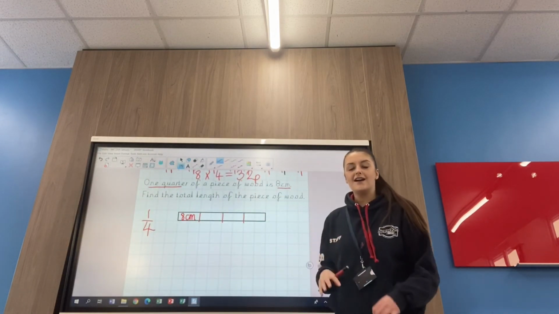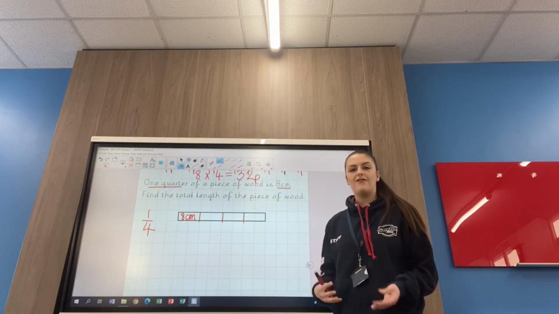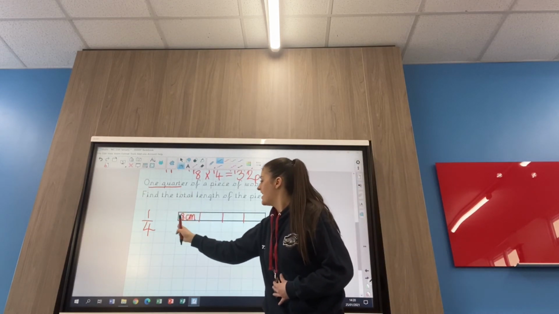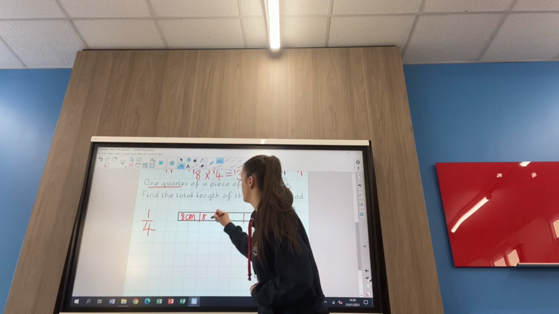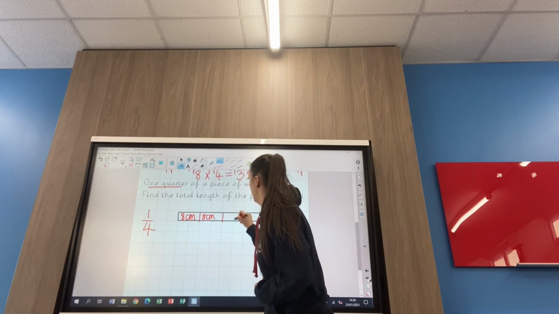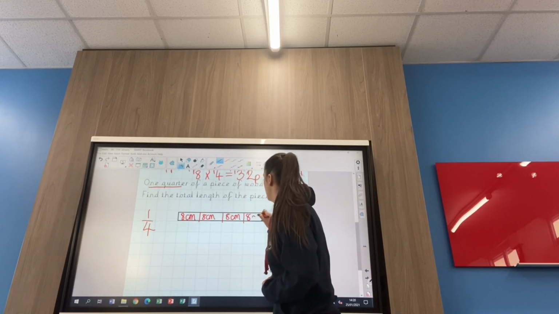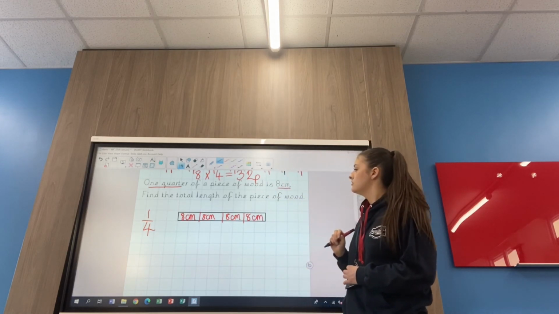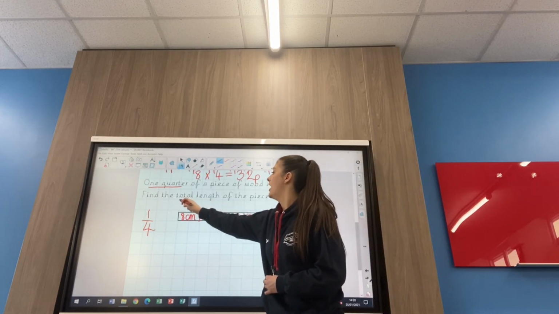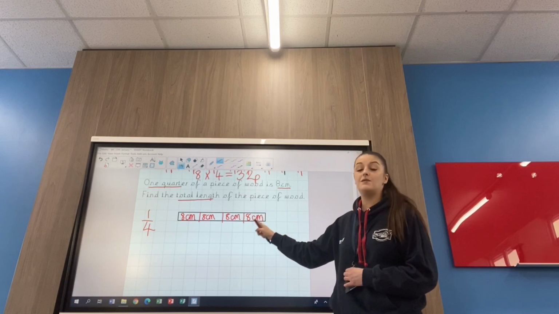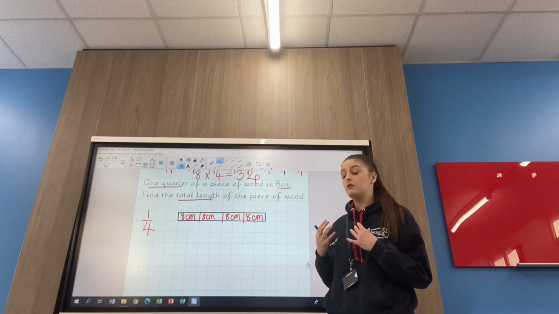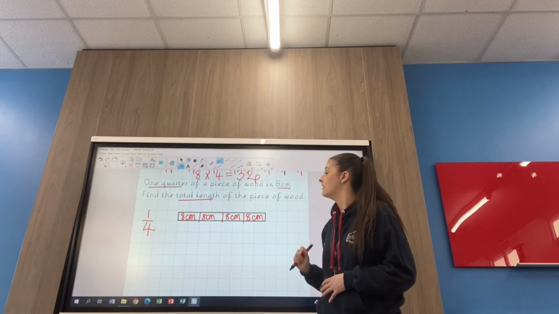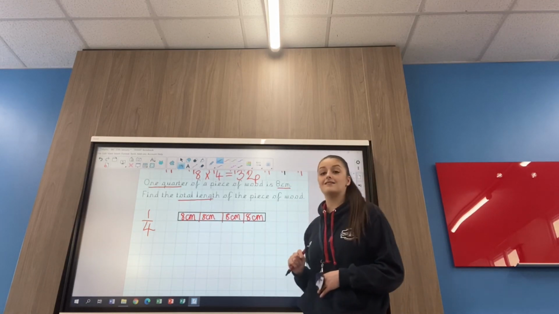Now we know fractions are equal, they like to be fair. So if this quarter is 8 centimetres long, this quarter's got to be 8 centimetres, so is this one, and so has this quarter, okay? So when we're finding the total length of this piece of wood, it just means the total, we need to add up all of my measurements all together, because each quarter is worth 8 centimetres.